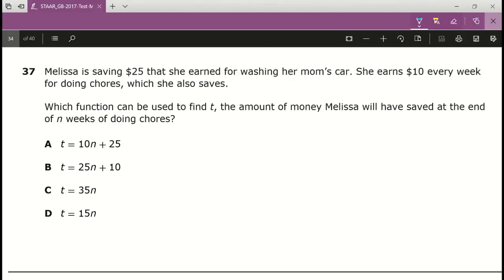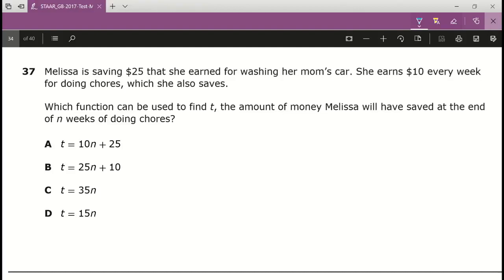Question number 37 is one of those questions that asks you to write an equation based on a little story problem they gave you. So the story is Melissa got $25 for washing her mom's car, and she also earns $10 every week for doing chores.